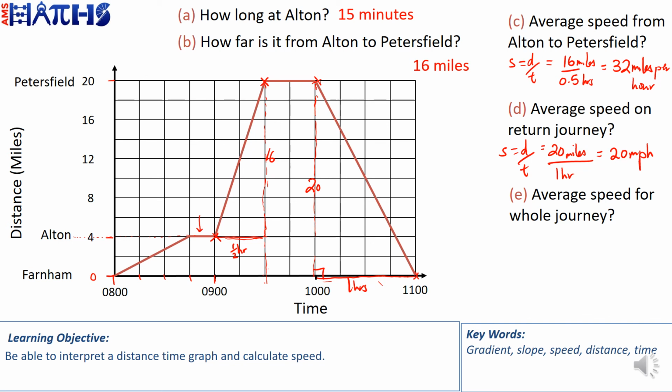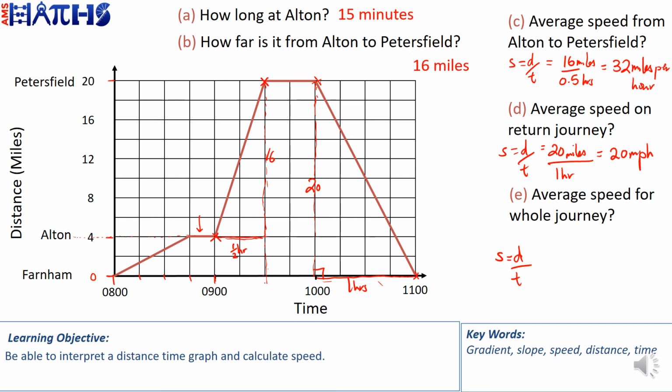Okay, the final one says the average speed for the whole journey. Now when you're asked for the average speed for the whole journey, we need the total distance traveled divided by the total time. So the speed is equal to distance over time. What's the total distance traveled?